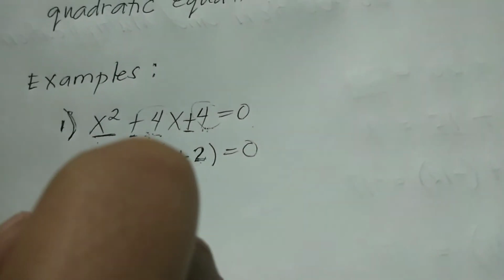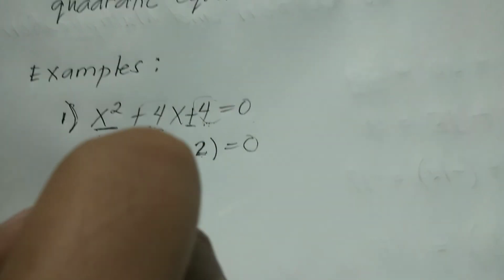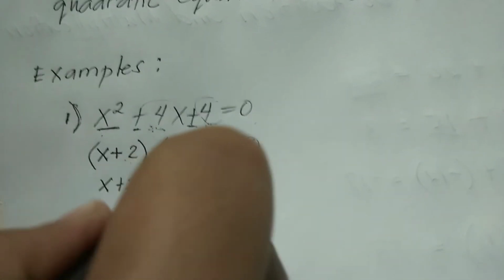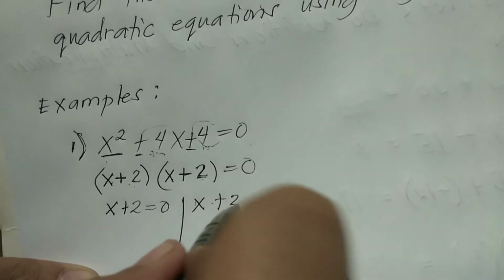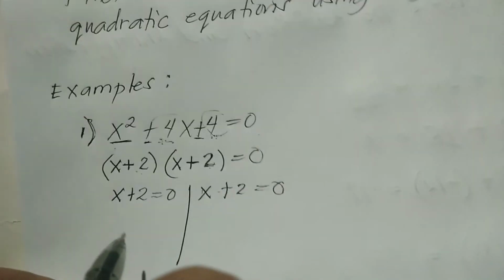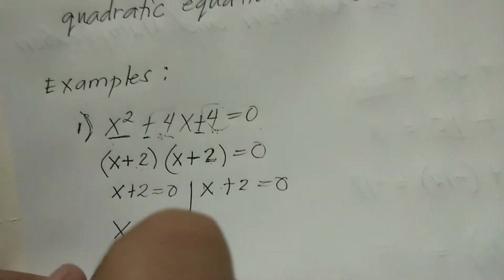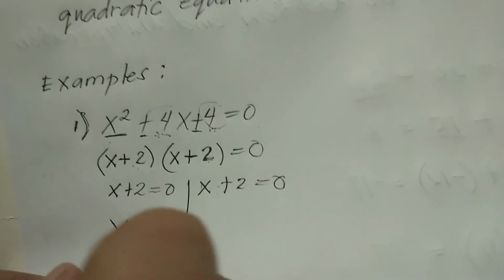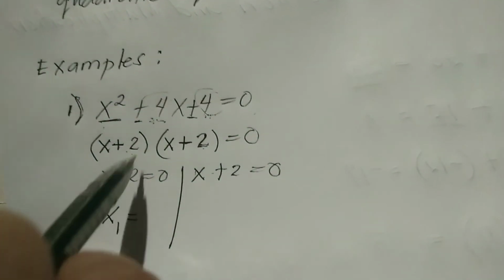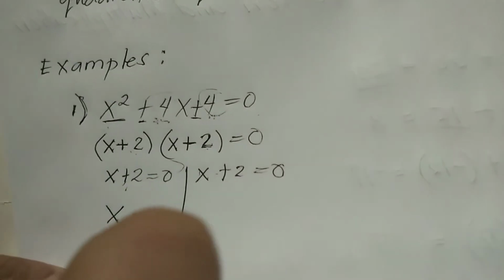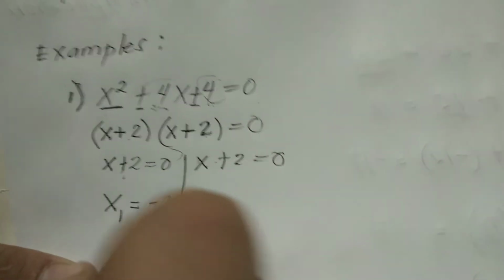And then, solve na po. So, equate natin siya sa 0. And then, find x sub 1 is equal to, yung positive 2, ita-transpose natin sa kabilang side, magiging negative 2.